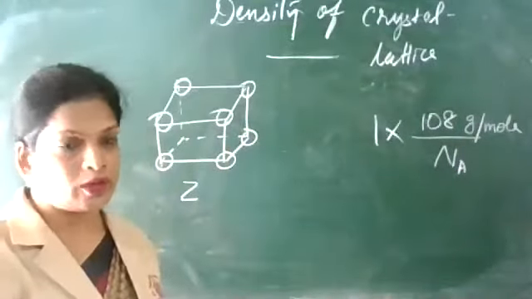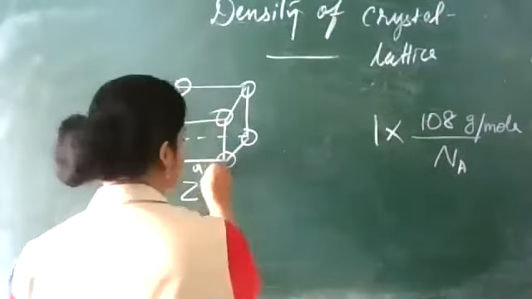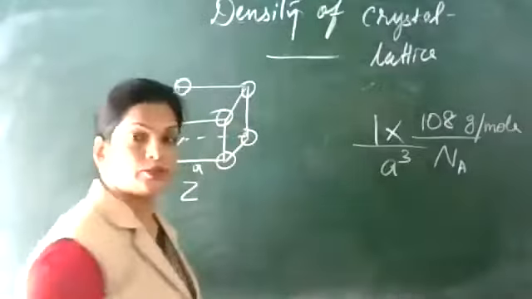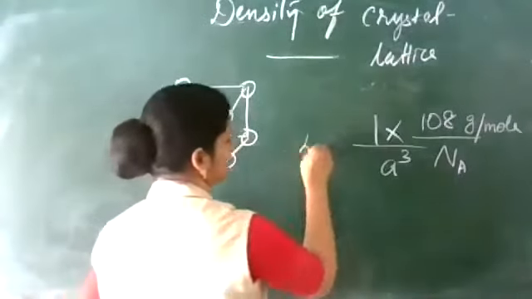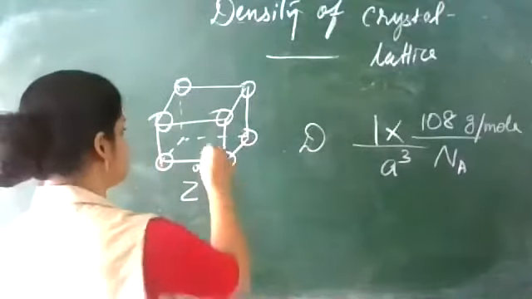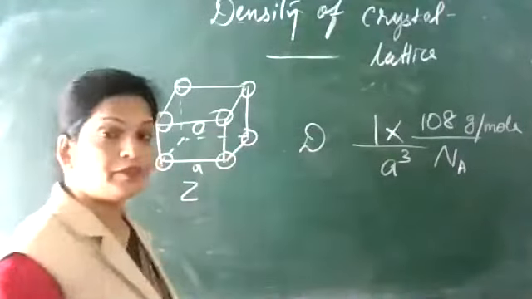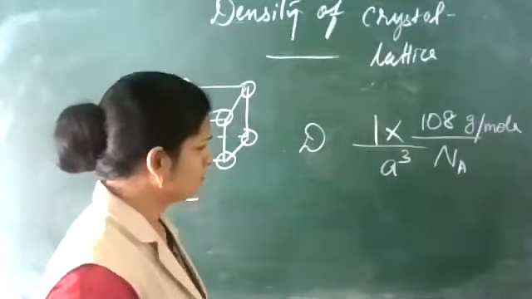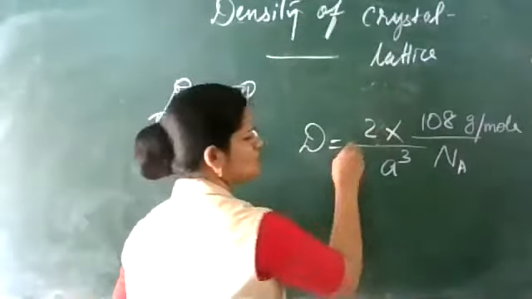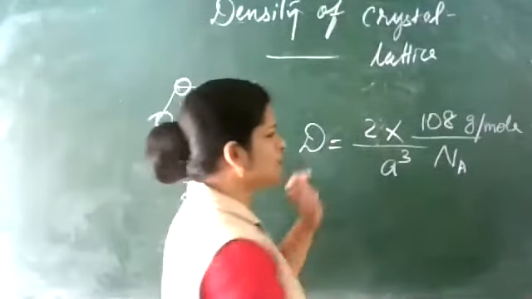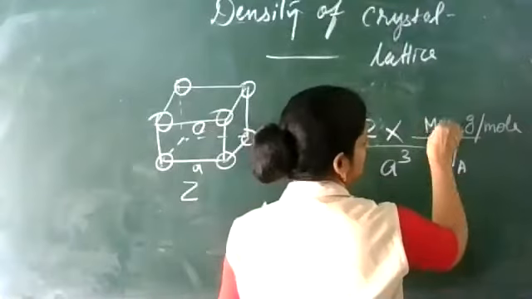Density is mass by volume. If the edge length is a, then the volume is a cube. If it is BCC, then the number of atoms is 2.